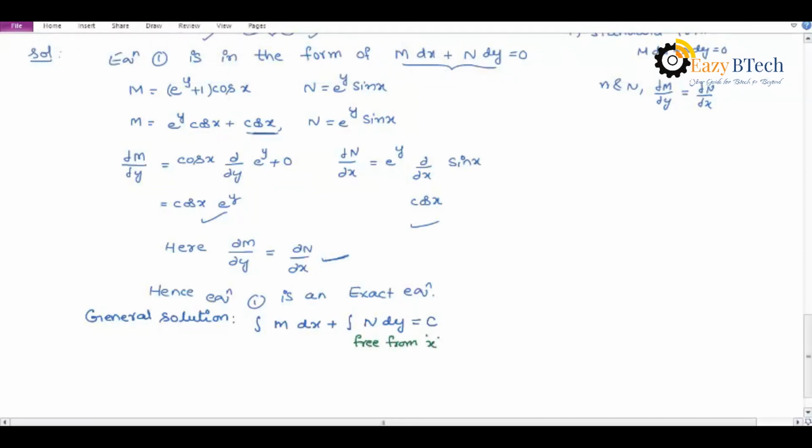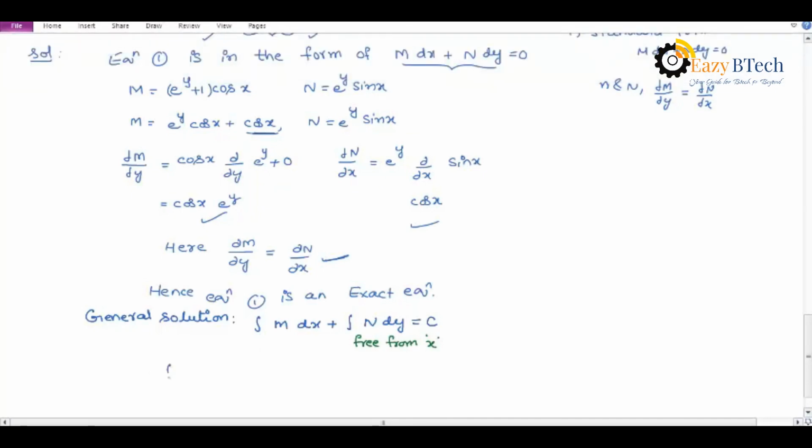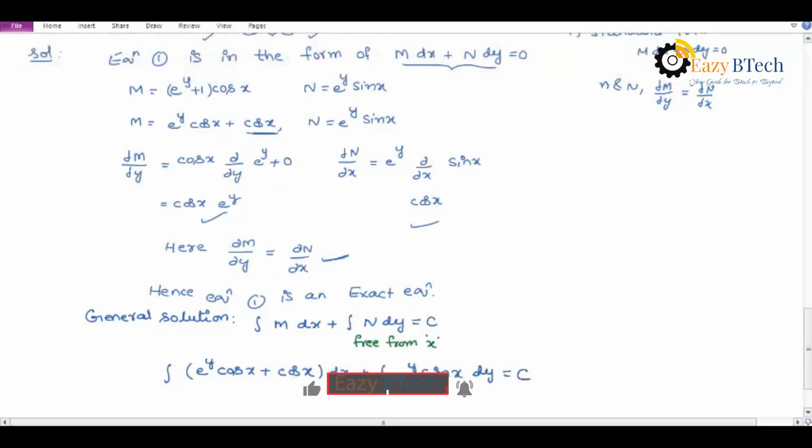Now I am substituting the values: integral of (e^y cos x + cos x) dx, which is the M value, plus integral of e^y sin x dy, which is N, is equal to c. Now I am writing that condition: free from x.